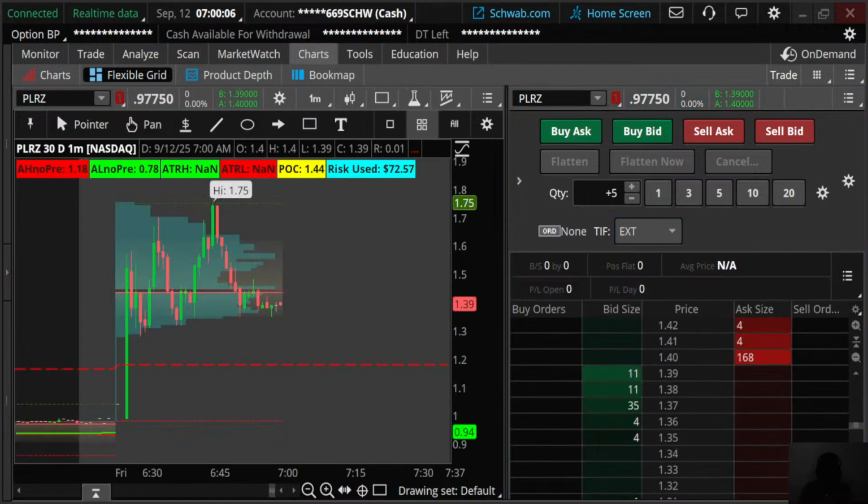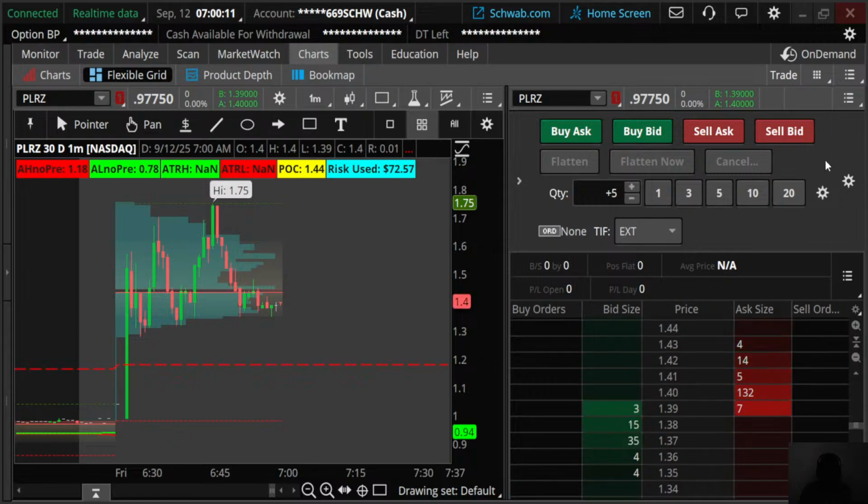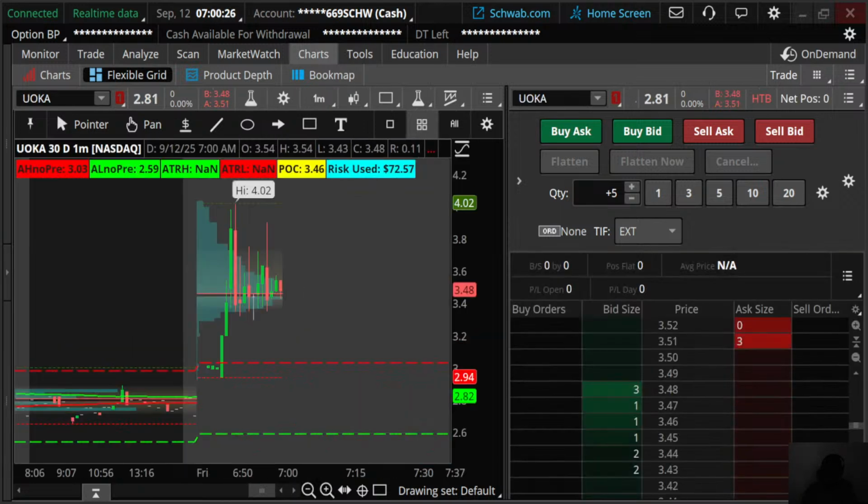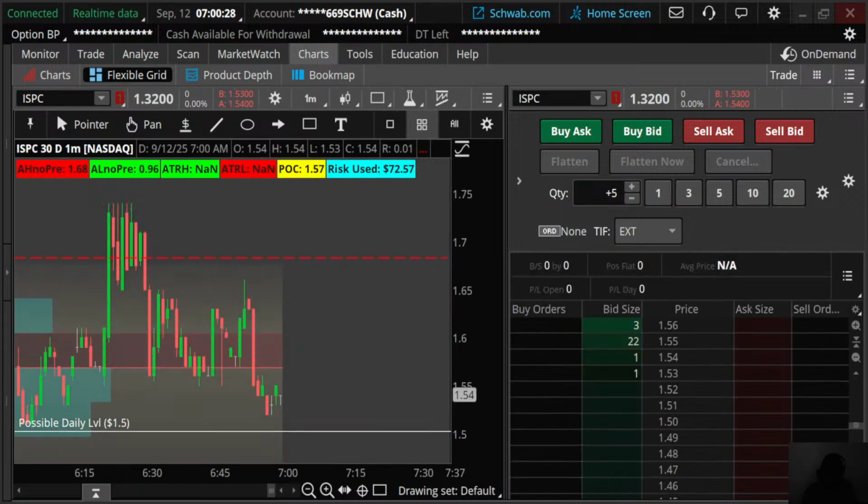Let me go back over to PLRZ. PLRZ taking the lead position in volume now. 22 million shares traded. So GCTK is being outperformed by a cheaper, lower range stock. So now it is time for me to just sit back and look at the overall picture here.